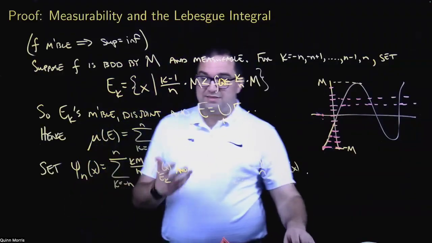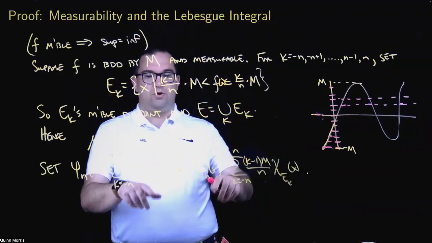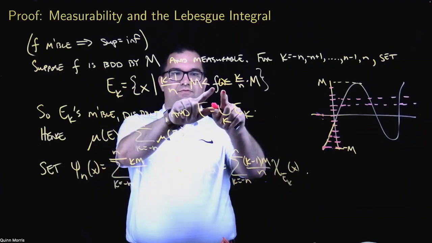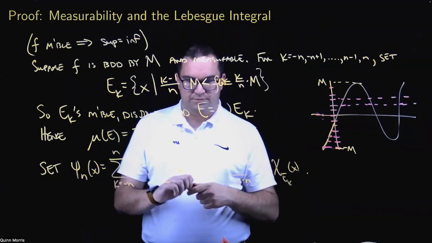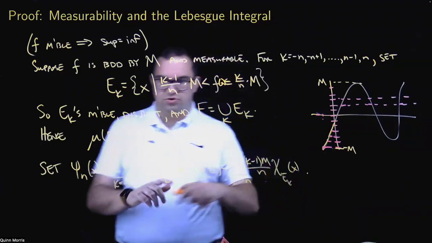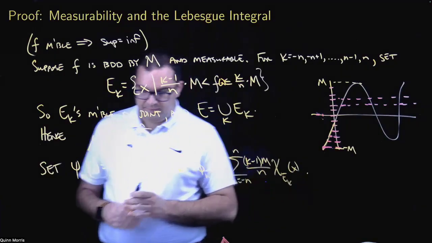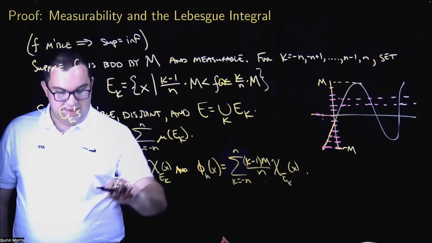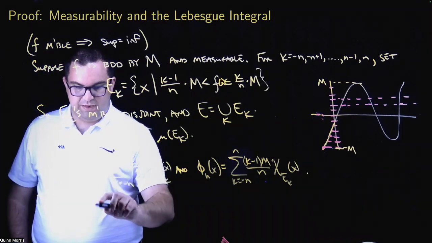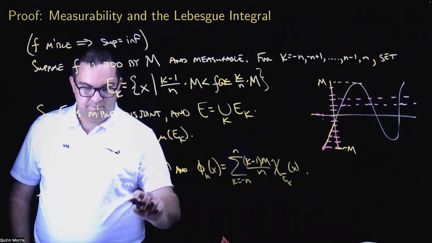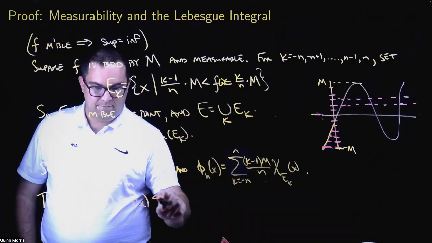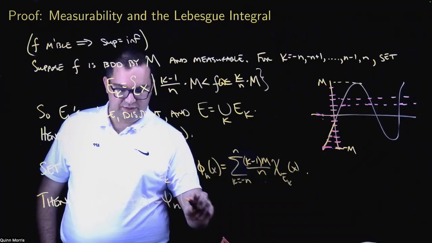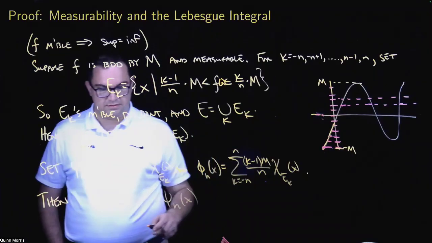Notice that by doing this, on each of the EKs, F lies between these two. So by constructing things in this way, it must be the case that F lies between phi of n and psi of n. That's just the way we've constructed these.